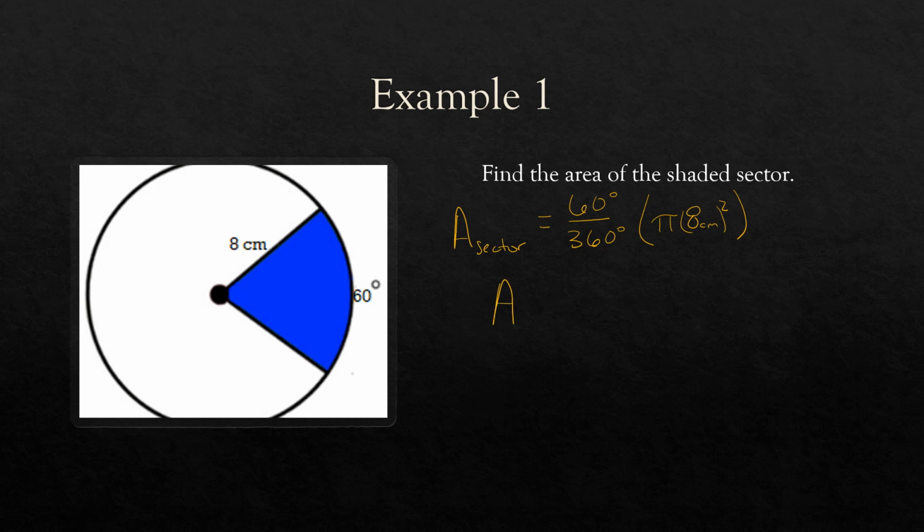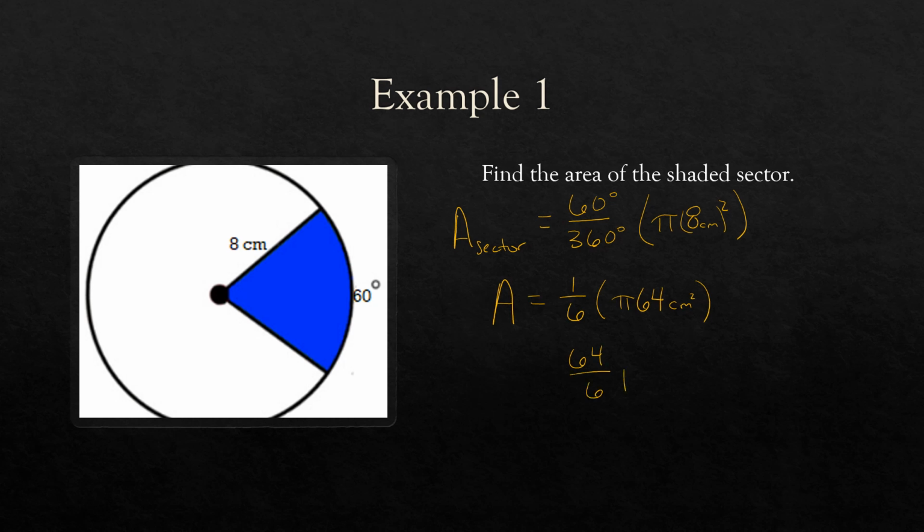So the area of this sector, 60 degrees divided by 360 degrees, is going to be 6 over 36, also known as 1/6. And then we'll have pi, and 64 is what 8 squared is, in centimeters squared. So then we can multiply 64 times 1/6, or 64 over 6.